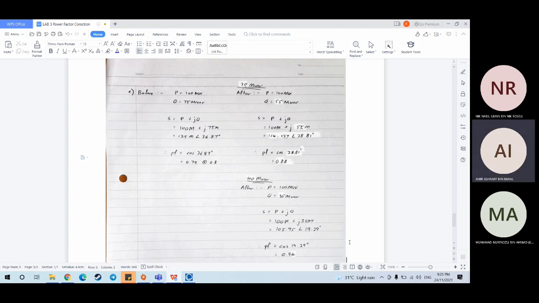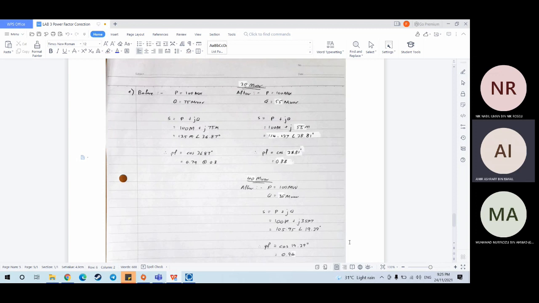And for the last one, 40 megavar. The value for power is still the same, 100 megawatt, and the value for reactive power is 35 megavar. To calculate the apparent power, P plus imaginary reactive power.